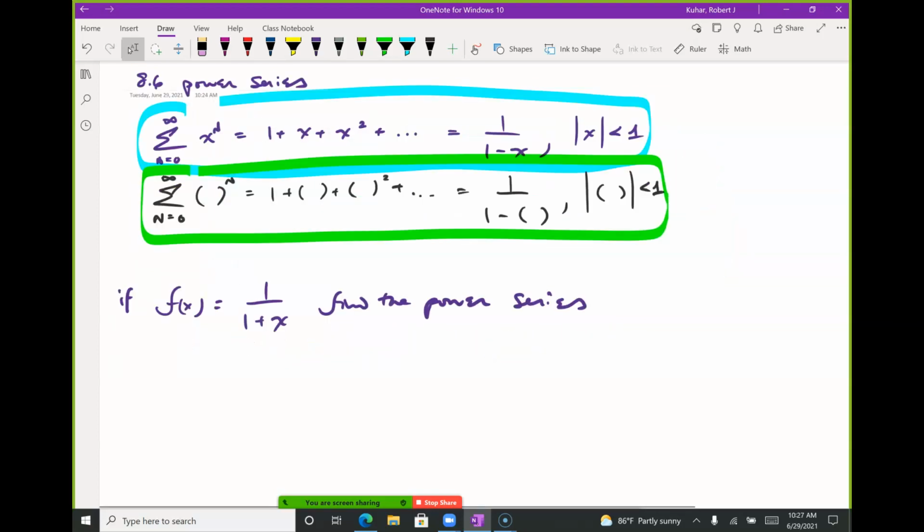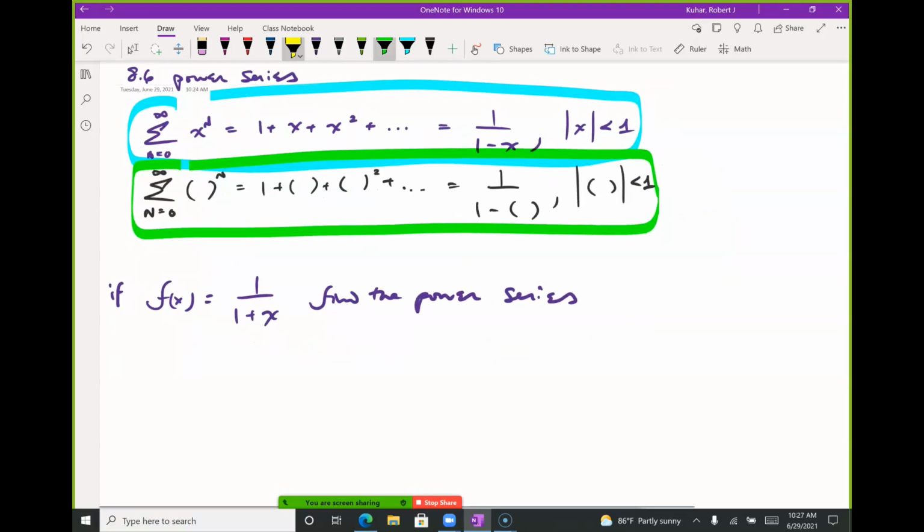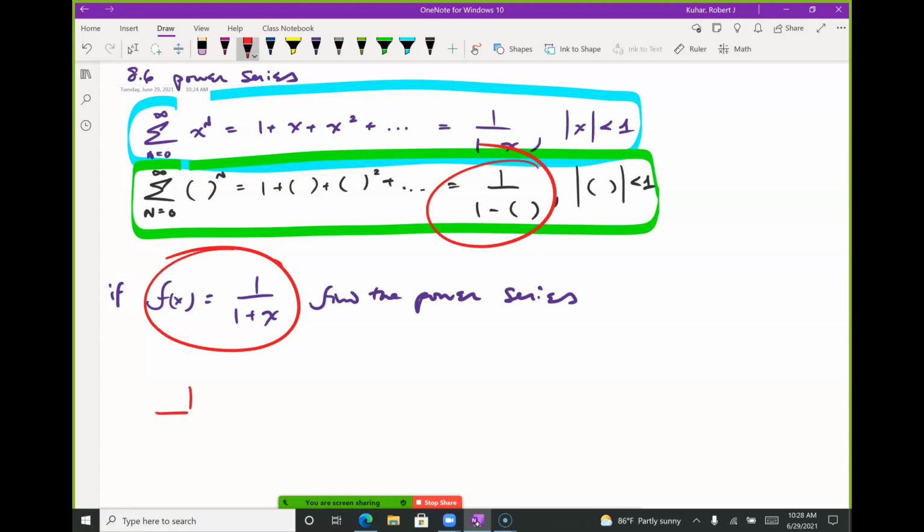So now I'm looking at what did I give you? I gave you this piece which is matching to here. So that's where I'm starting. If I'm giving you something that's matching the series part, or the term by term part, or that function notation part, that's where I want to start. So I want to start with 1 over 1 plus x is going to be equal to 1 over 1 minus something.